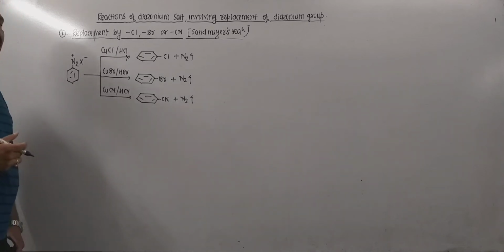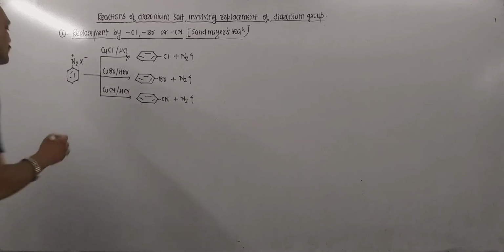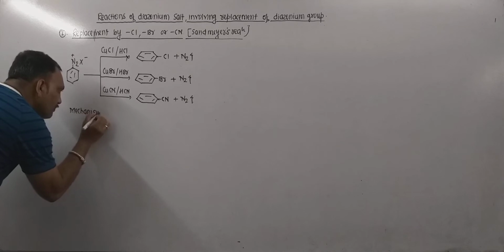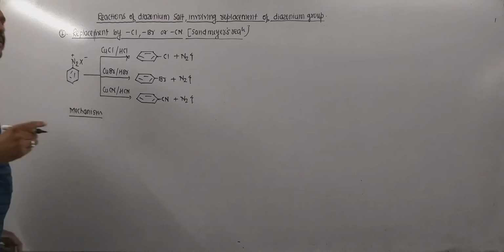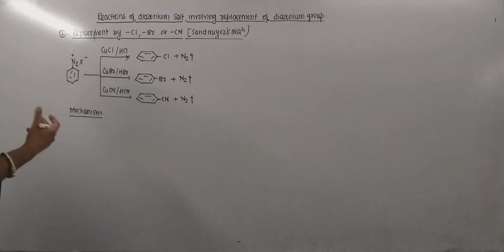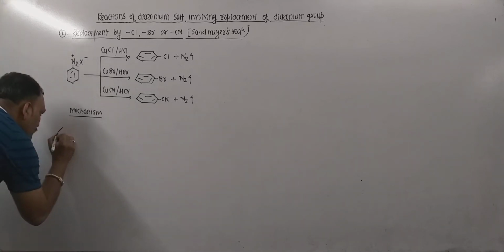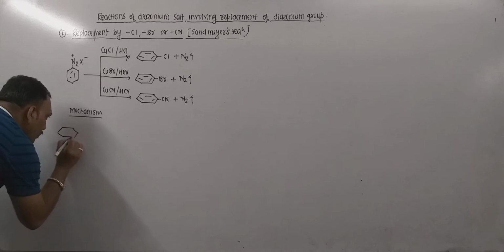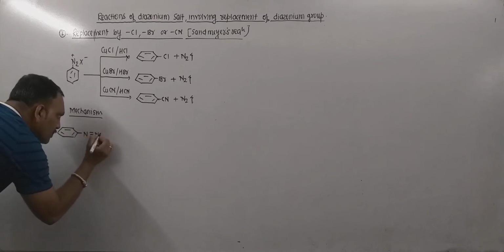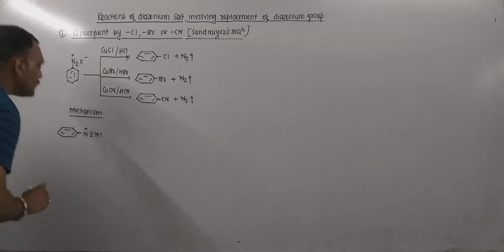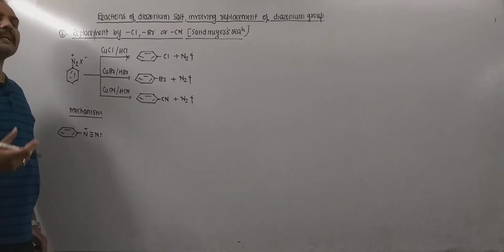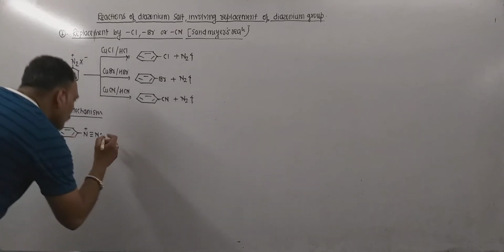Now the very crucial thing of this part is the mechanism of this reaction. So remember, the mechanism involves a single electron transfer step, which is very crucial. So let's see how this happens. Now the benzene diazonium ion can be given as, so this is the benzene diazonium ion, which is one of the important ingredients of the diazonium salt.